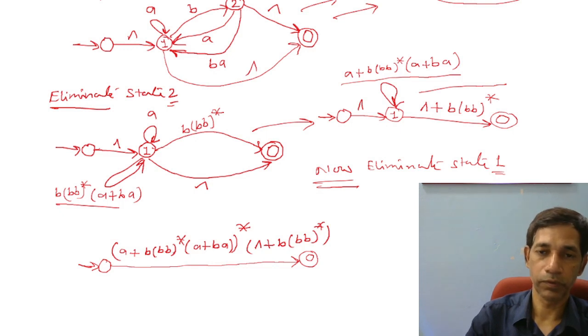So you concatenate null, then you have the loop A plus B, BB clean star, A plus BA whole clean star, because this is the loop, and you are concatenating with the regular expression null plus B, BB clean star, like this, and this is the answer.